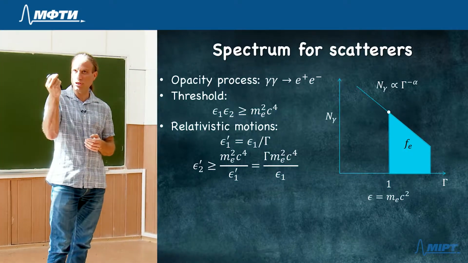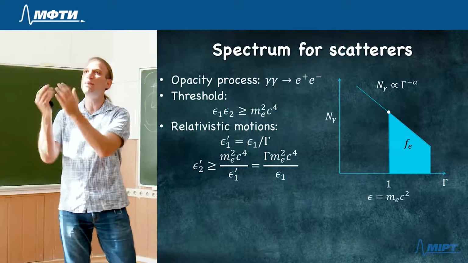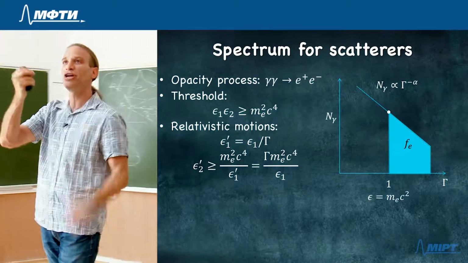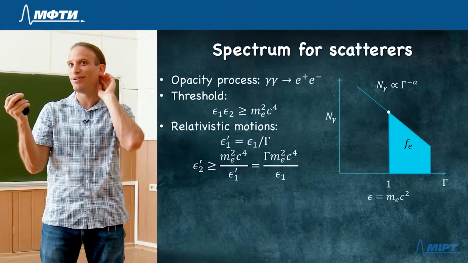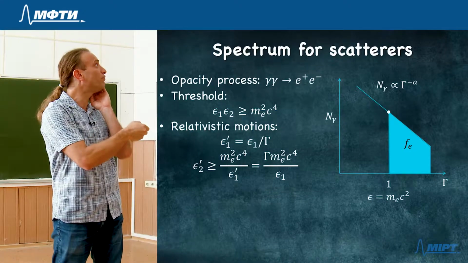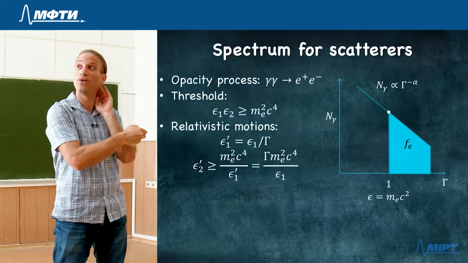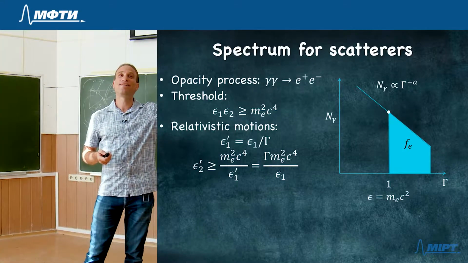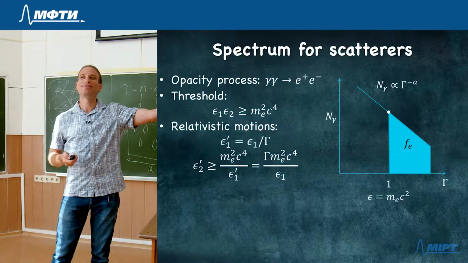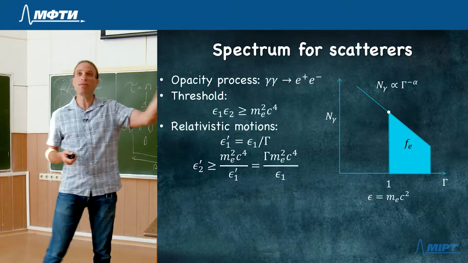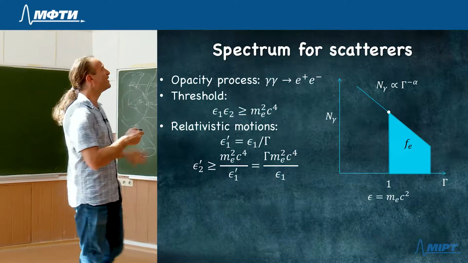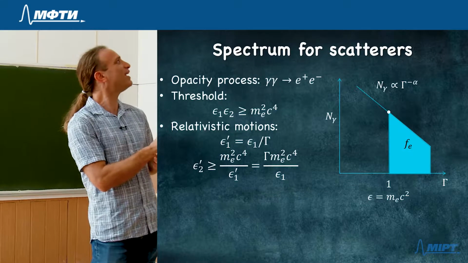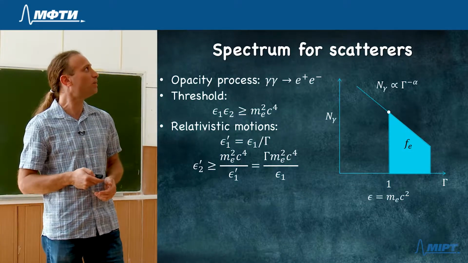Now these photons, remember, exist in a blob that is moving at a Lorentz factor of gamma toward us. So what will be the observed energy of this photon? This is the energy of the photons within the rest frame of the flow. The observed energy is multiplied by a factor of gamma. So the minimal energy of the photons that can produce pairs is now gamma squared times m_e squared times c to the power of 4.